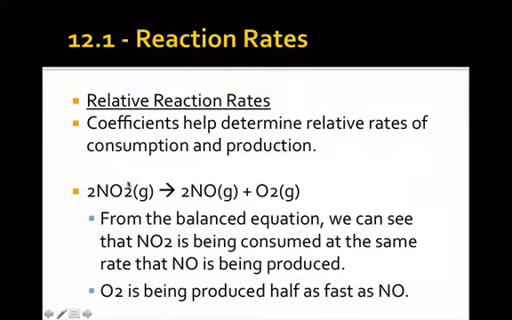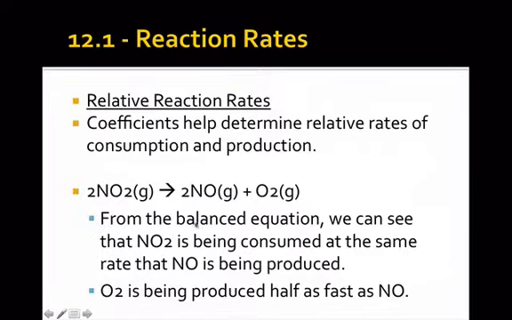So for example, what I know is that the nitrogen dioxide and the nitrogen monoxide, because they both have a coefficient of 2, that tells me that the nitrogen dioxide is being consumed at the same rate that the nitrogen monoxide is being produced. If I look here at the oxygen, though, it only has a 1 for a coefficient.